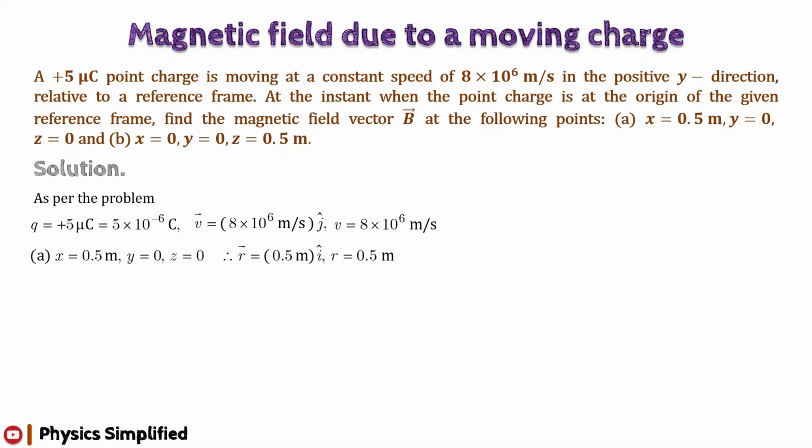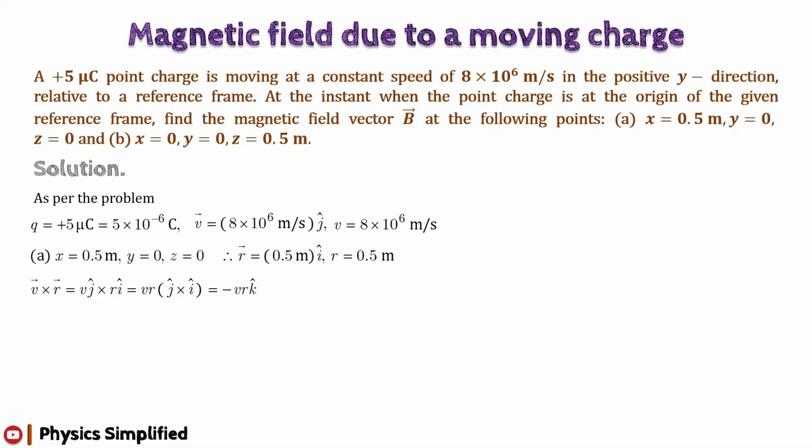Therefore, vector r is equal to 0.5 meter i hat, where i hat is the unit vector along positive x direction. Now the cross product of vector v and vector r is given by vector v cross vector r equals v j hat cross r i hat. Now j hat cross i hat is equal to minus k hat. So vector v cross vector r is equal to minus v r k hat.